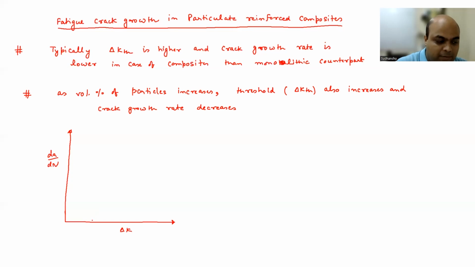So it is going to look something like this. So this one is for MMCs, and this one is for monolithic.